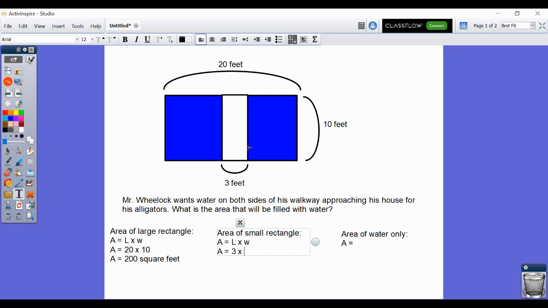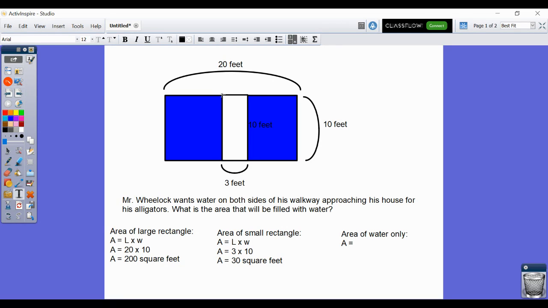Well, it's not marked, but I know that this is the same length as the width of our large rectangle, so I can label that in there, 10 feet. So we know our width is also 10 feet. So our area of our small rectangle is 30 square feet.